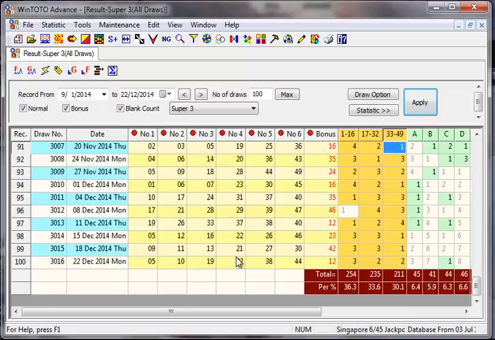These are important information that you must have because, as you can see here, at one glance you know for a fact that for the past 3 draws starting from 15th of December, the small number is picking up many times more than the rest of them. Every draw without fail, they have 3 numbers appearing from the small numbers. So you can see that the declining right now is on the bigger numbers from 33 to 49.